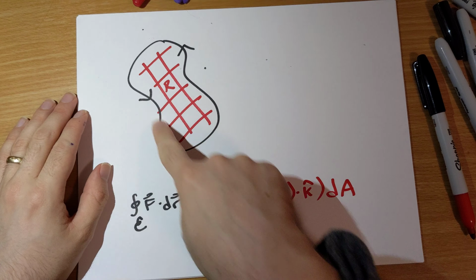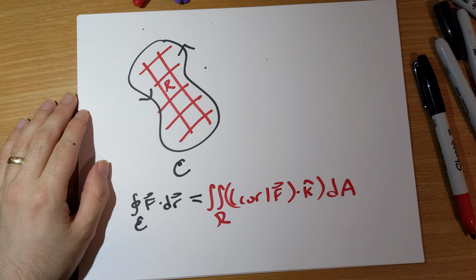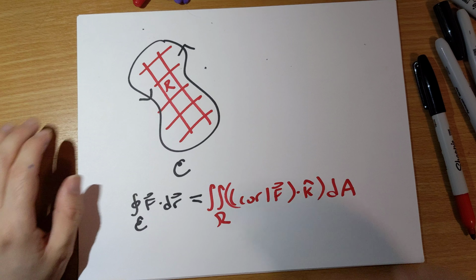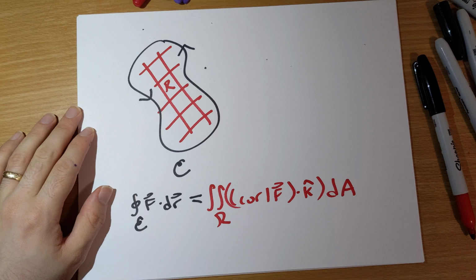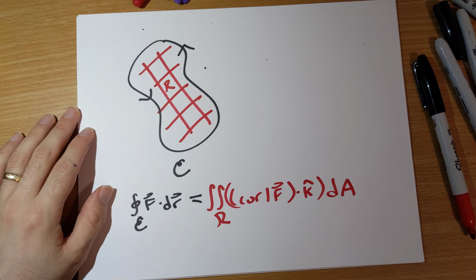The circulation around the boundary of this region, oriented counterclockwise. We should always be orienting our curves counterclockwise. The circulation around the boundary is equal to the double integral of the curl over the inside region.